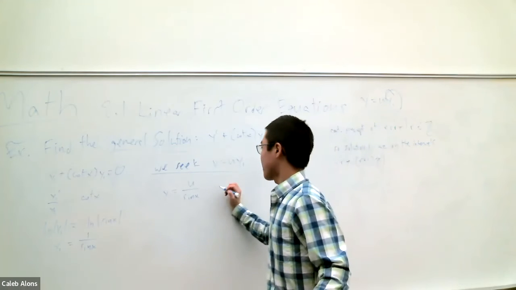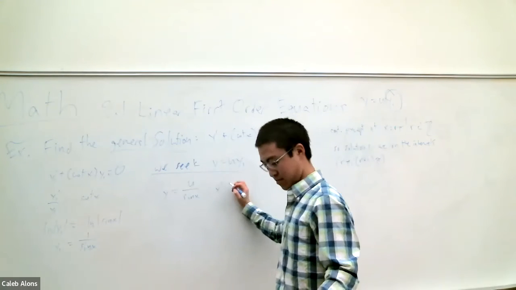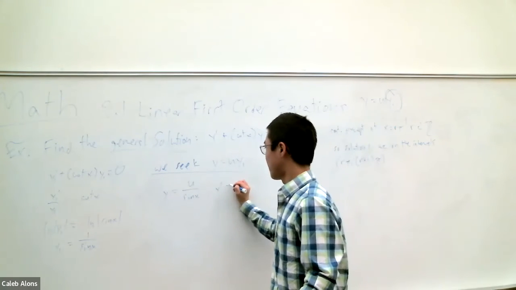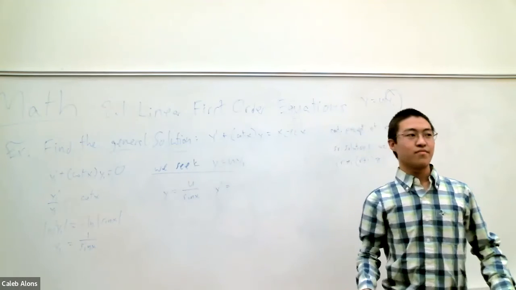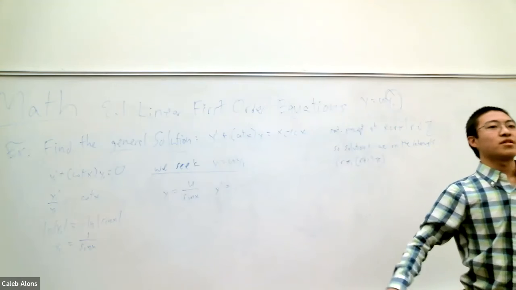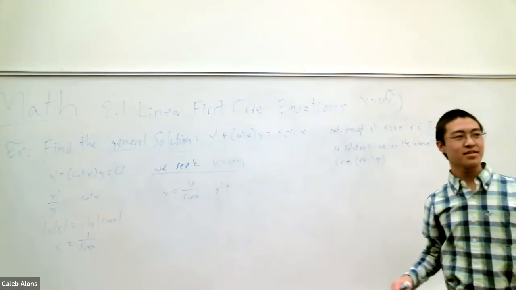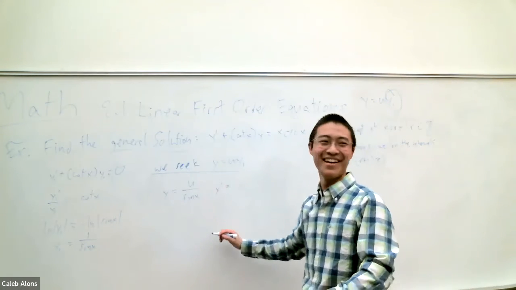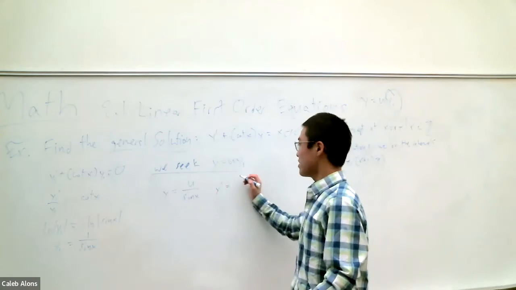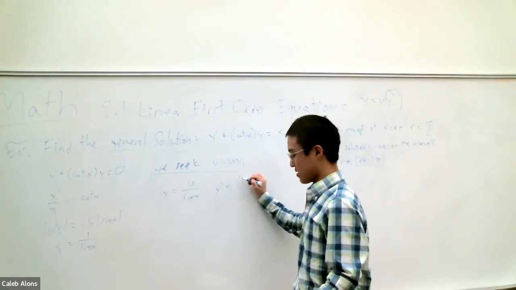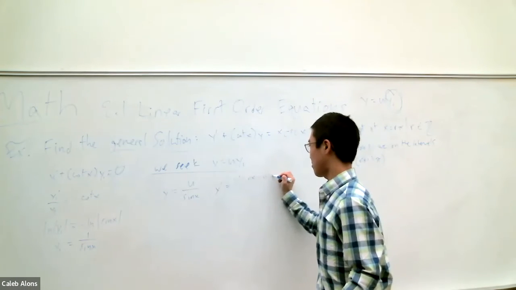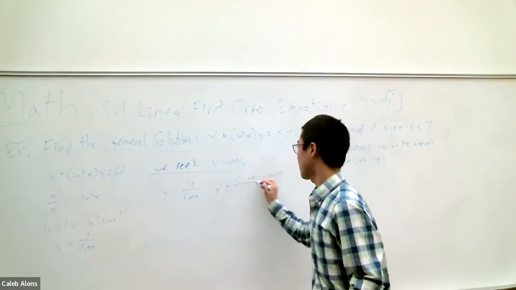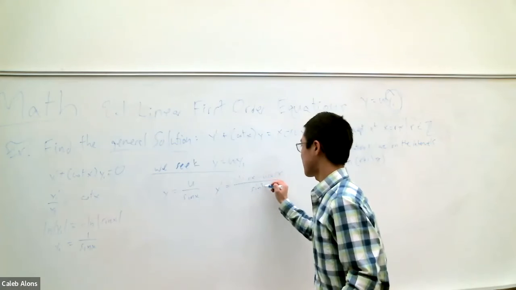So what's y prime? By the quotient rule, it's the derivative of the numerator times the denominator minus the numerator times the derivative of the denominator, over the denominator squared. So it's u prime sine x minus u cosine x over sine squared x.